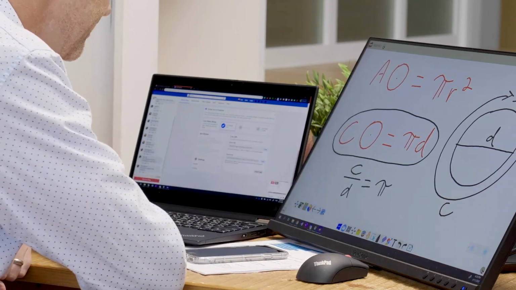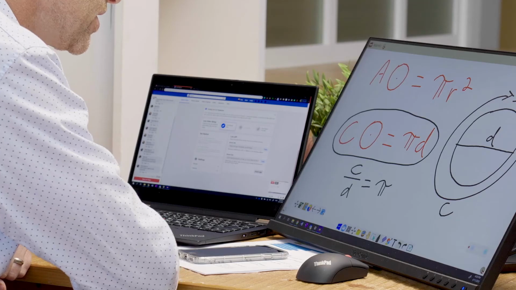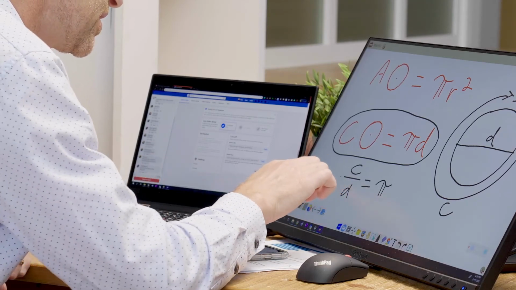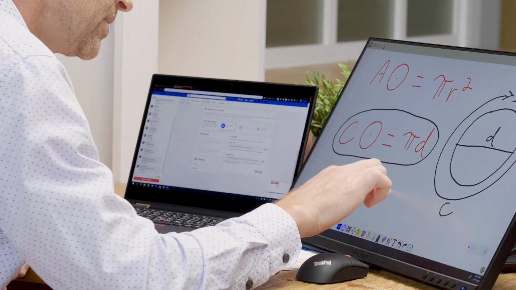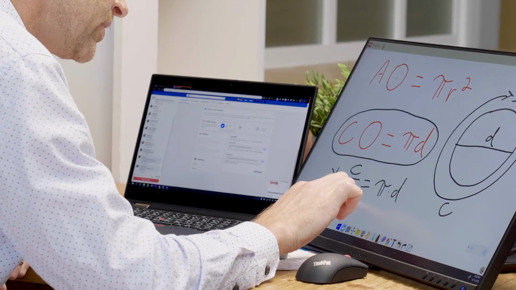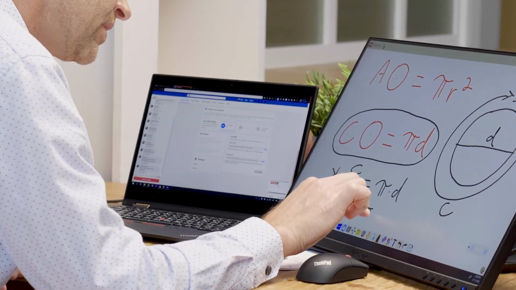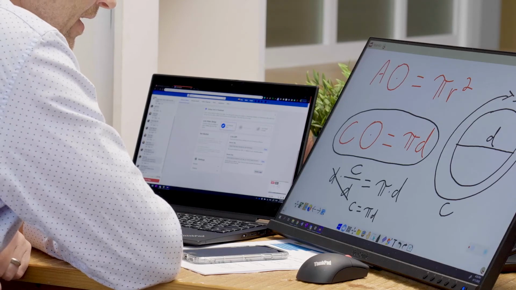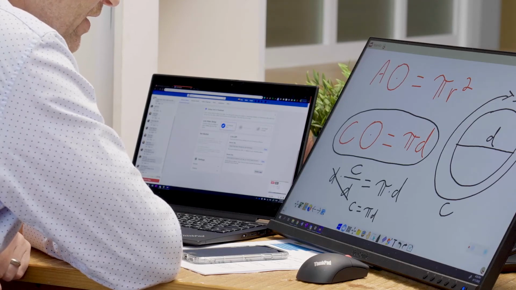And that's where pi comes from. So if I rearrange this formula to get C by itself, I would need to multiply both sides by D. Those D's are going to cancel each other out, and I am left with C equals pi D. Okay, so that's a really good question. That's where the formula for circumference comes from.